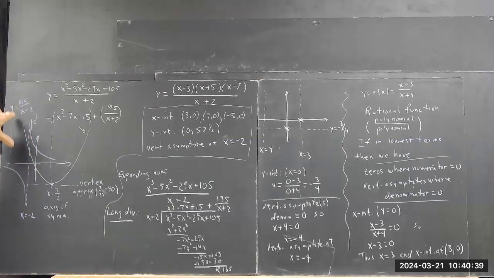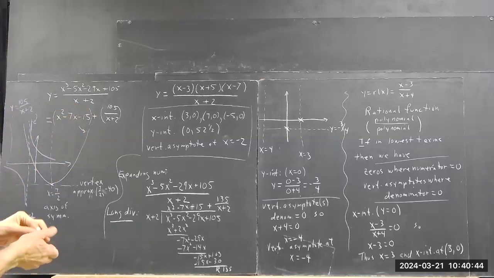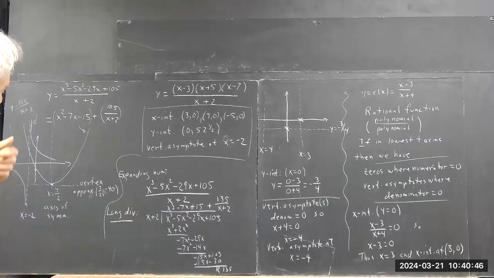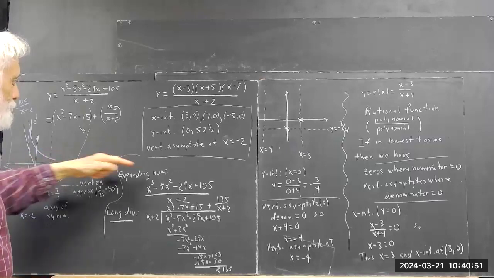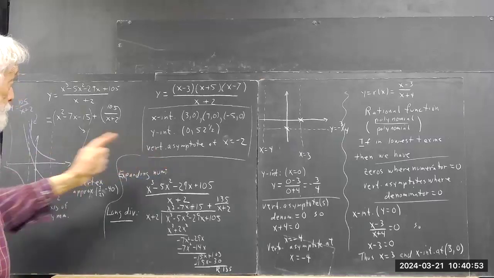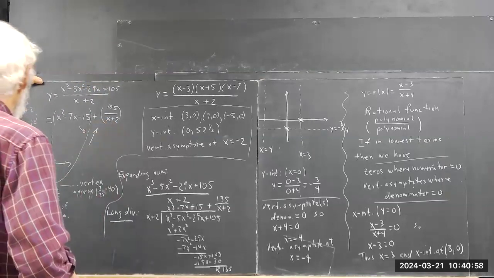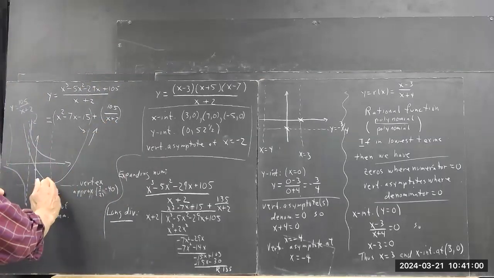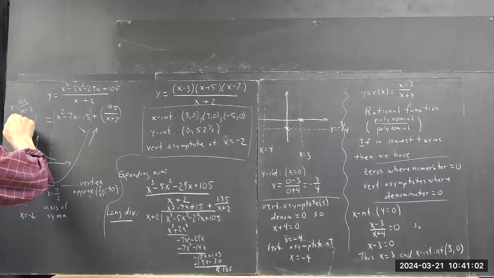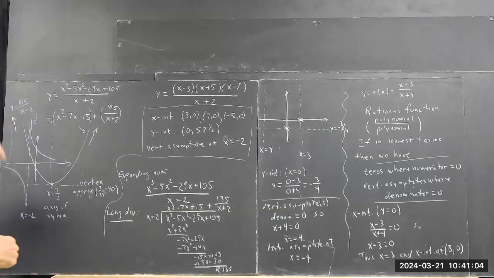That's added to this parabola so that the whole point here is when x gets big to the right, we're going to follow this parabola. So we're going to go up like so. When x gets big to the left, we're going to follow this parabola. So it's going to go up like so. In between, we got wiggles and zeros, which are going to give us this asymptote and everything else.